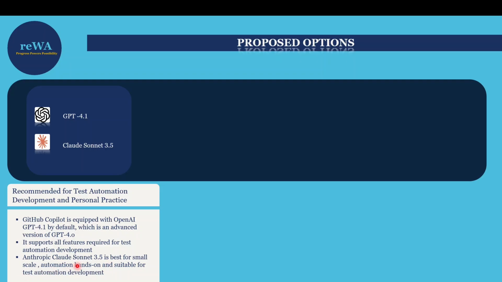Even Anthropic 3.5 is the best for small scale automation hands-on and test automation development. Generally, test automation development is just creating class files, data files, BDD files, etc. Everything can be created by these two models as well.